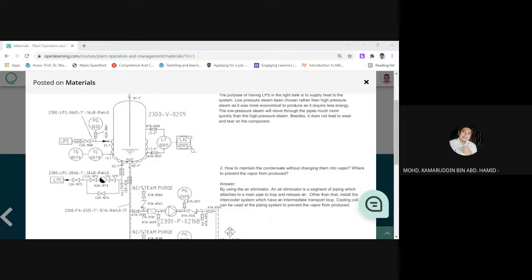What phase is the steam? Vapor, right? Since it's vapor, the steam releases some heat to this vessel, this round tank, the light tank. Then it becomes condensate. It changes phase to liquid.